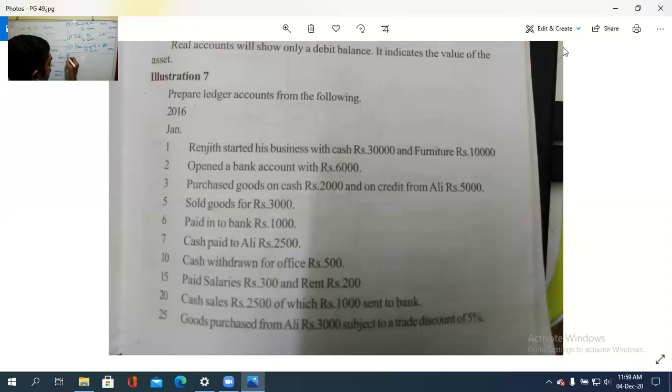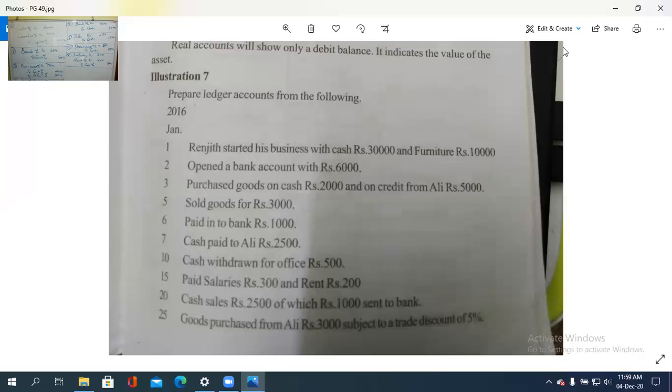So salary debtor, rent account debtor. What are these? These two are expenses, so they are to be debited, nominal accounts. Cash is going out of the business. So to cash account, and salary is 300, then the other one 200, so 500.